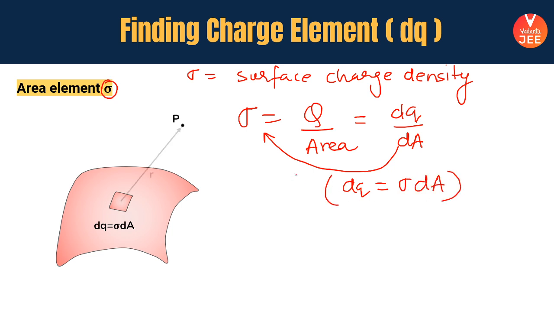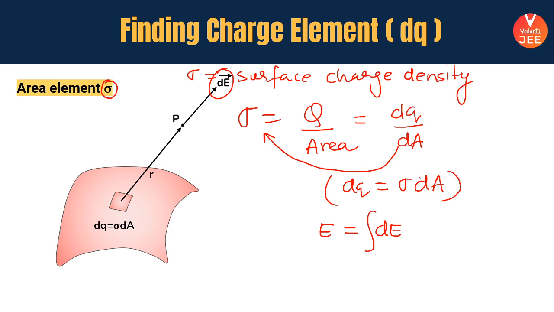Because of this element at a distance r, the electric field is dE, and you will be interested in finding the net electric field as the integral of this dE. Okay, one more time, now we'll speak about the three-dimensional object.